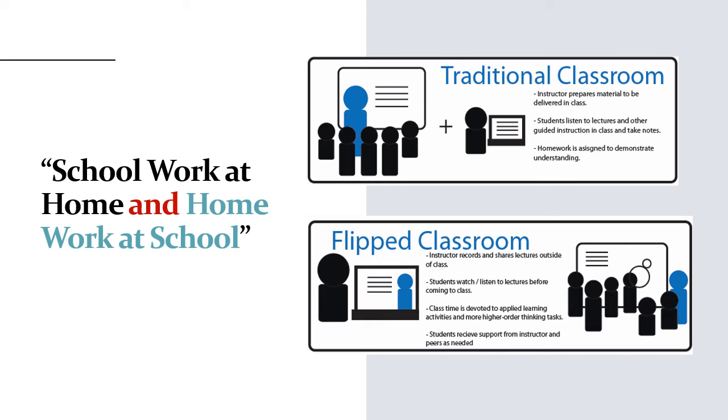During the class, class time is devoted to applying learning activities and higher order thinking tasks. This is a discussion in the class. Then, the student receives support from the instructor as needed. This is a flipped classroom. It's different from the traditional classroom. It's more engaging for the students.